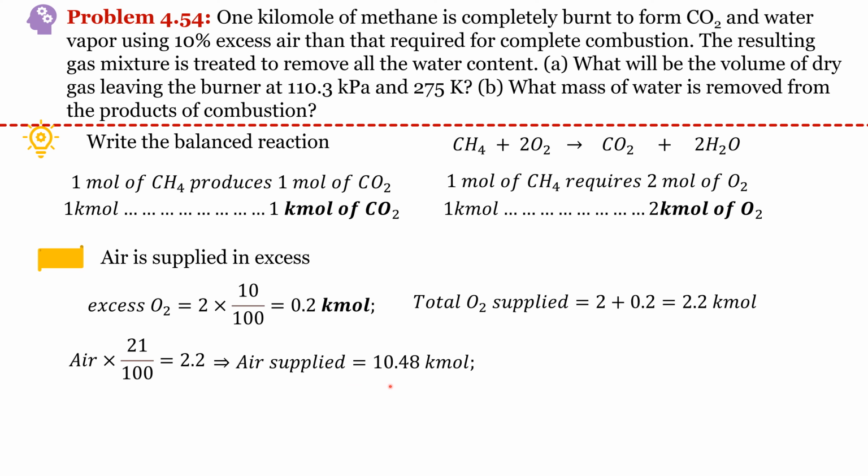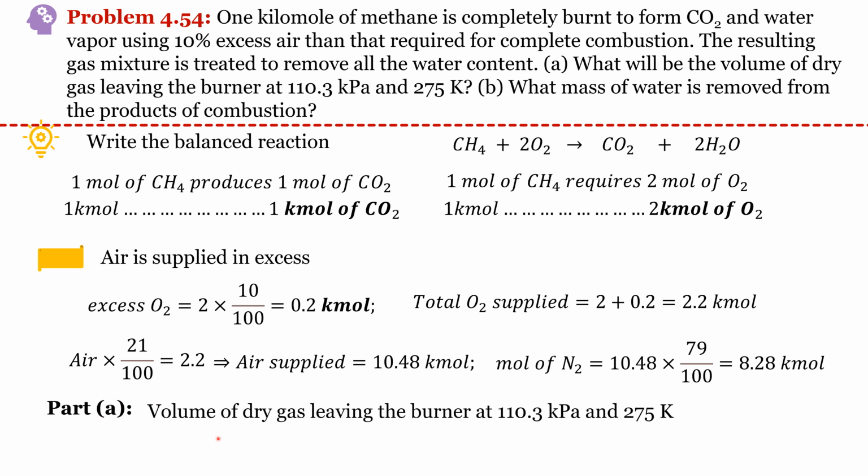It will come out as 10.48 kilomole. Now we can find out the moles of N2, because moles of N2 will be equal to 79% of air. So 79% of the air supplied, that is 10.48, will be equal to 8.28 kilomole.